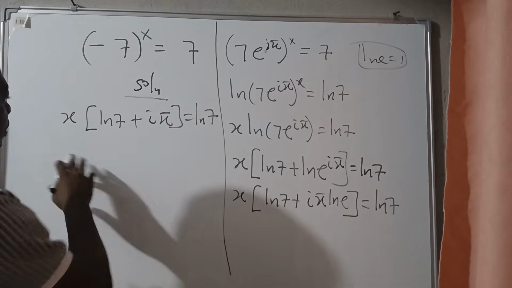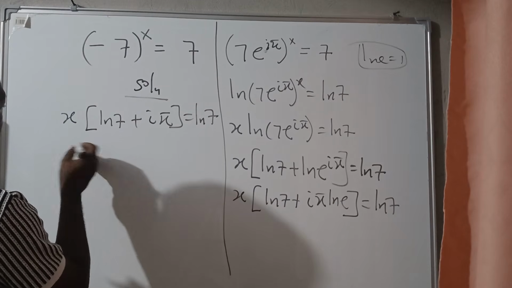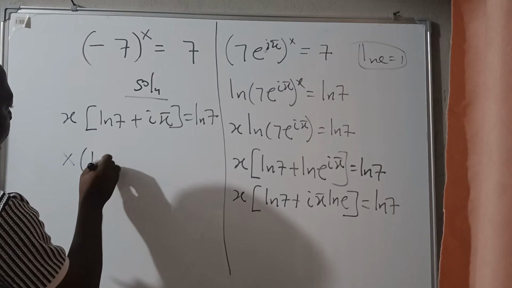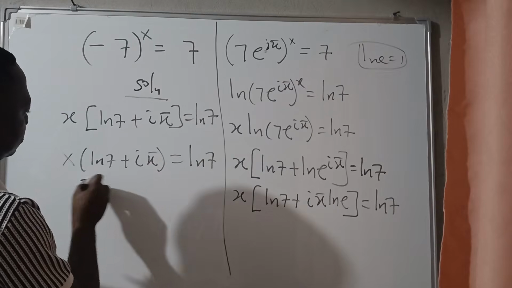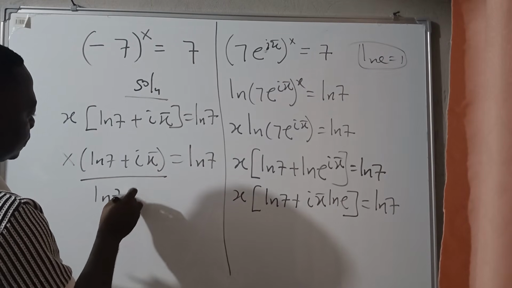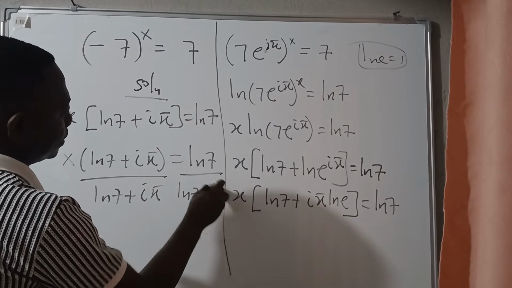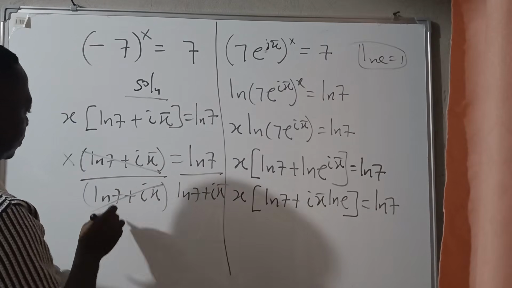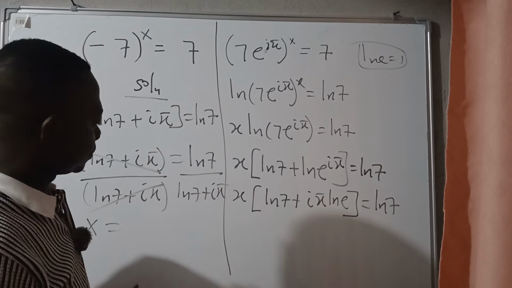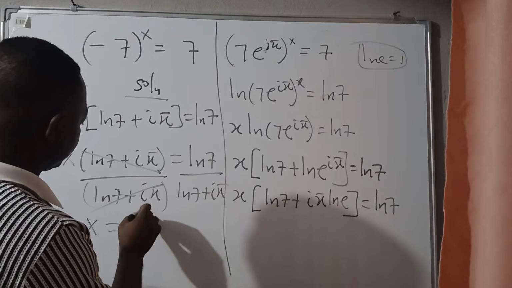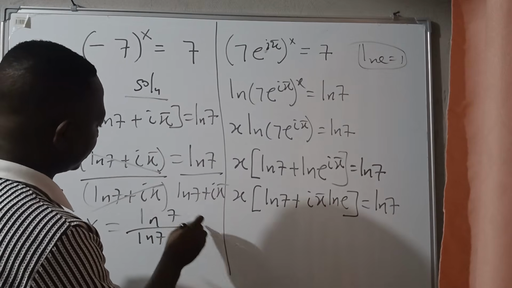We can straight away divide both sides by ln of 7 plus iπ. So this one will go. My final answer here is x = ln of 7 divided by (ln of 7 plus iπ).